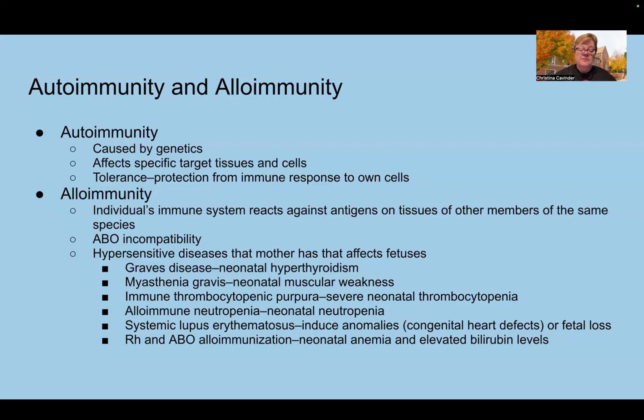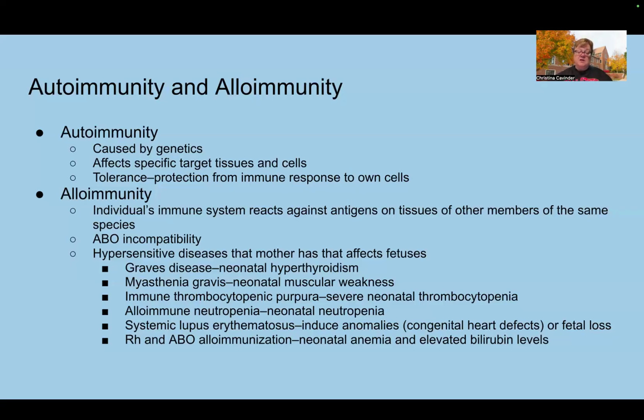Immune thrombocytopenic purpura, or ITP, causes severe neonatal thrombocytopenia. Autoimmune neutropenia causes neonatal neutropenia. Systemic lupus erythematosus induces anomalies or birth defects or even fetal loss.